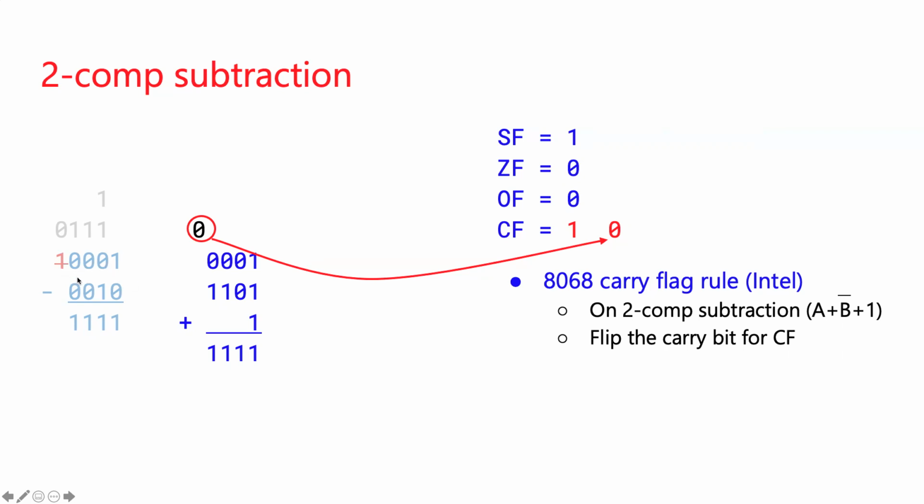So in this subtraction, this 1 gets taken down to a 0 because we had to borrow from it. So the carry bit is going to be 0. Otherwise, if I had never actually had to borrow from this, it would still be a 1. So the carry bit would be a 1. Or if you prefer to think of it this way, it's what you get by adding the negative. It just doesn't flip the carry bit.